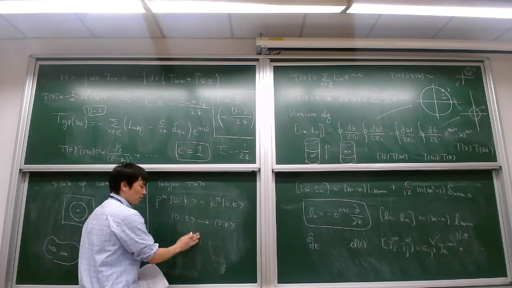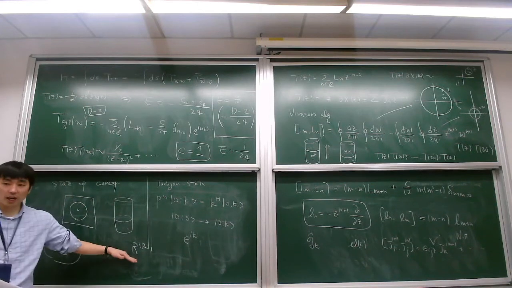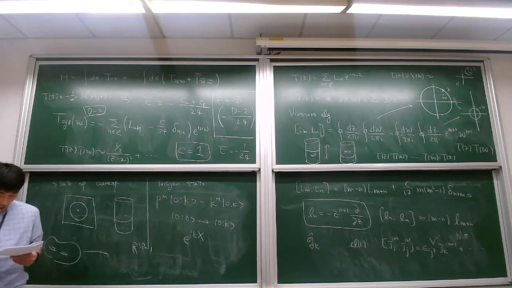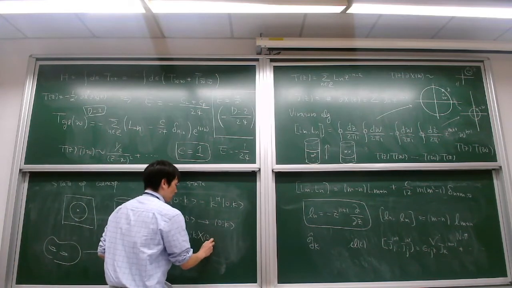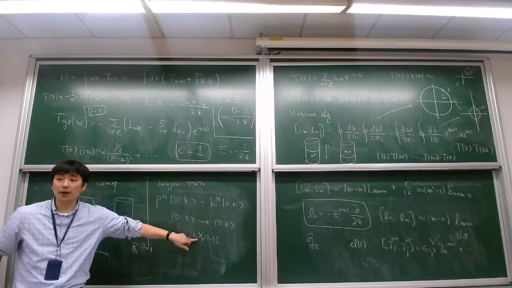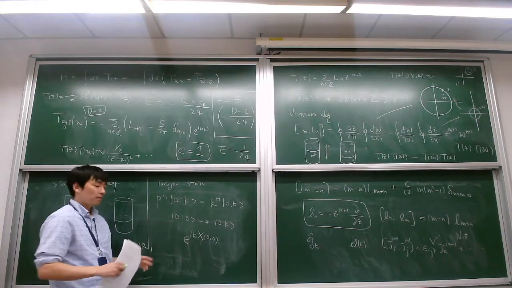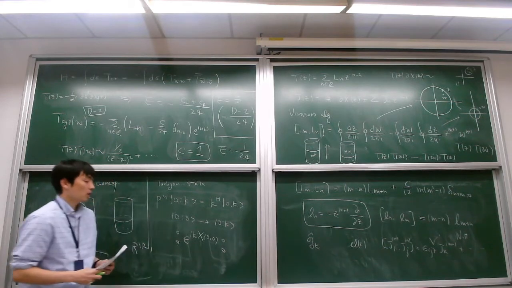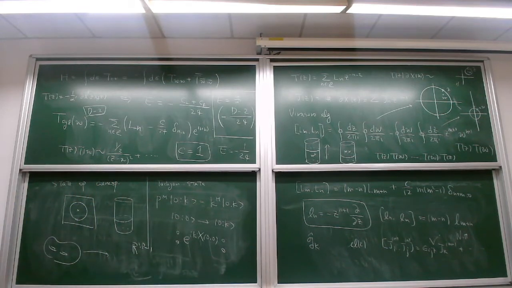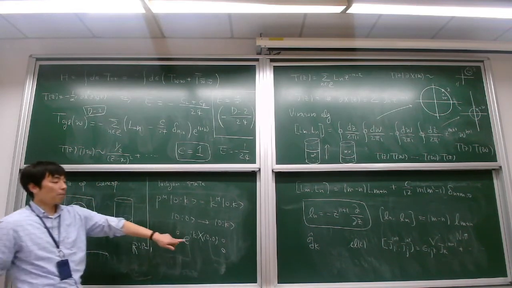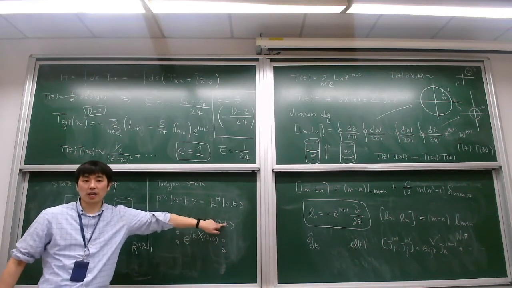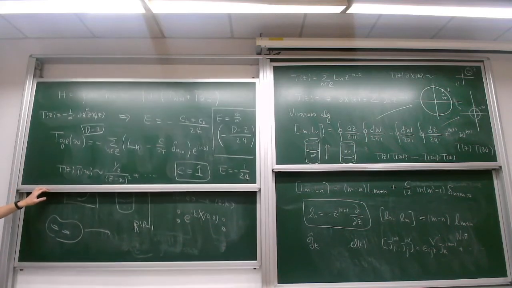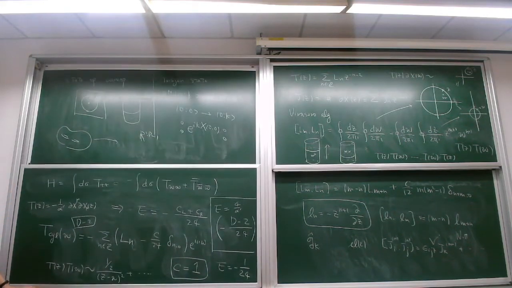Therefore, you just replace x, the coordinate of the target space, by the bosonic operator x(0,0). Now it's quantum field theory, so it's an operator and we have to specify the ordering, and we just use normal order. So this is a natural guess for the corresponding operator for the tachyonic states by using state operator correspondence in the CFT.